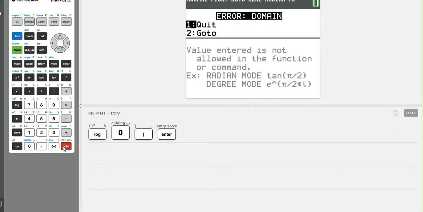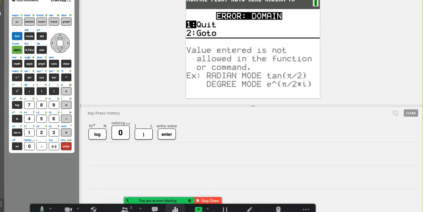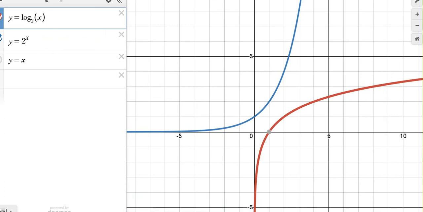It's just not defined. And when you look at the graph here, it kind of makes sense. It's going down, down, down, getting closer and closer to the y-axis, but it never quite touches it. It's not defined at 0, just like the exponential function never quite gets down to 0. They're just inverses of each other.